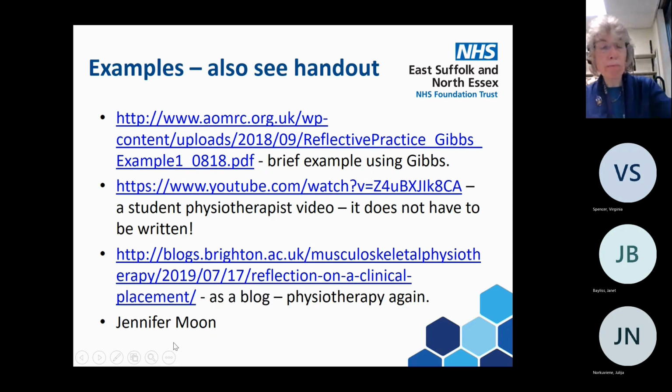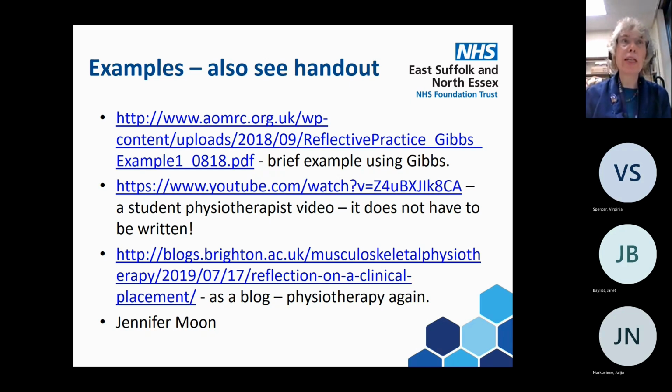Now, I've put Jennifer Moon at the bottom because Jennifer Moon is an often quoted writer about reflective practice. Her stuff doesn't work for me, but it could work very well for other people. And she has written an awful lot, quite a lot of it in about 2007. And her writings are referred to on the website and also on the handouts.